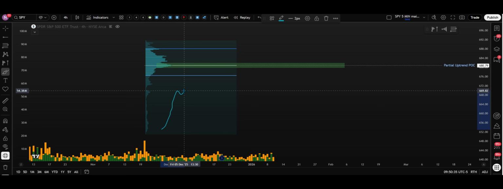Buyers are buying, not a lot of sellers are selling, right? Price is searching higher for the presence of sellers. So once we start getting into this area, a little more selling is occurring, but ultimately buyers are still outpacing the sellers. Now, once we get into this area, this is where sellers really start selling in higher quantities. Buyers are still buying, but price is sticking here a lot longer.